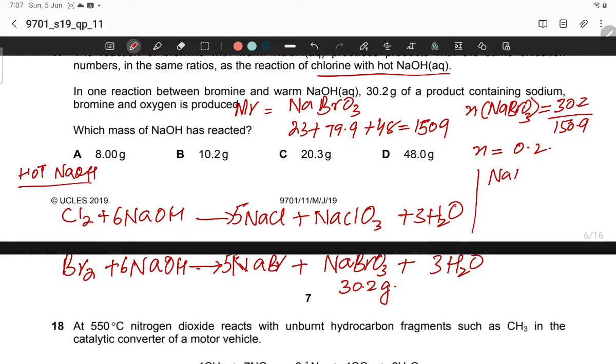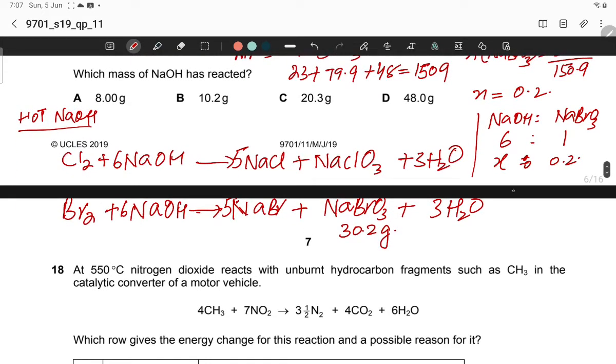By using mole ratio, sodium hydroxide to NaBrO3 is 6:1. X is equal to ratio 0.2. The mole of sodium hydroxide is X is equal to 6 into 0.2, that is 1.2 moles of sodium hydroxide.